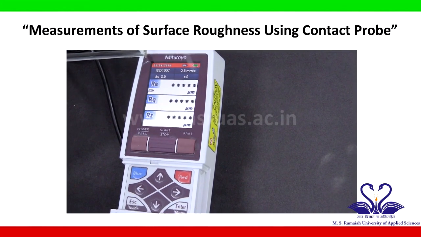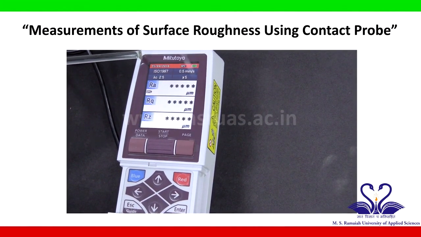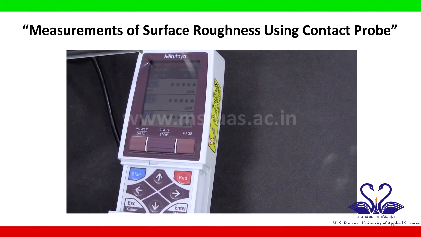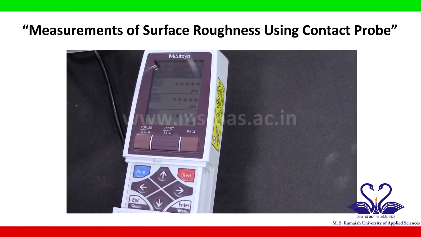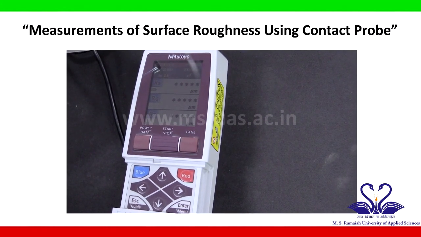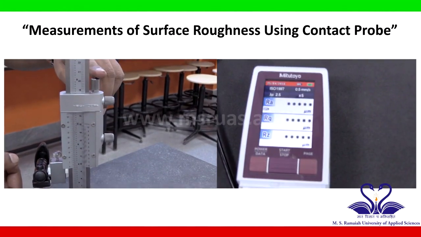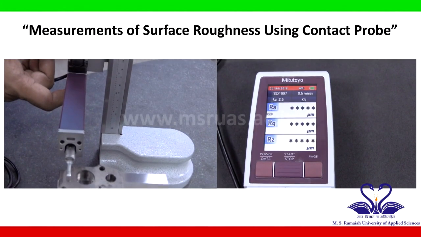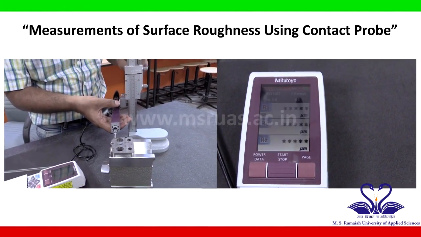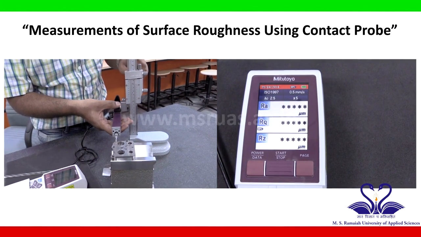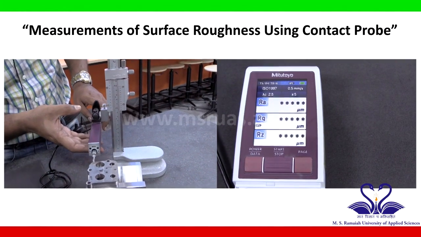Now one can see an orange strip which indicates a no load condition. The measuring probe exerts a force of 0.75 micronewton on the surface for which measurements have to be taken. Now gently tap the probe on the metal surface, and you see the orange strip turning into a blue one, which indicates a loading of the probe.